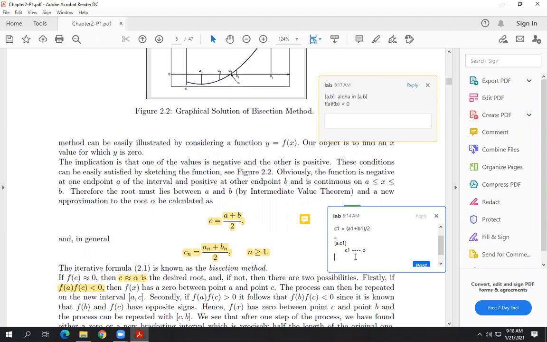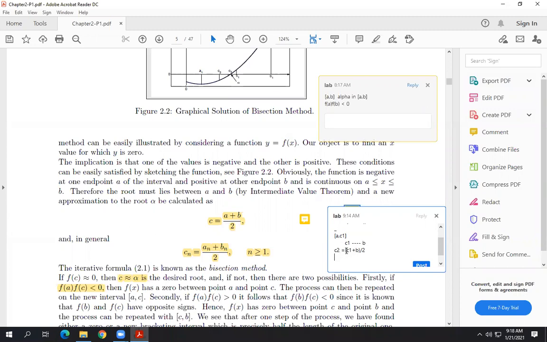Can you give me the formula to find c2? (c1 plus b) divided by 2. Yes. If we want to find c3, how many approximations do we have now?